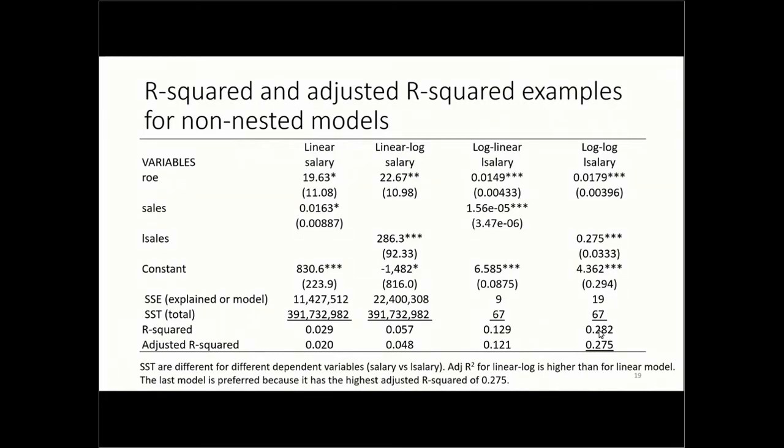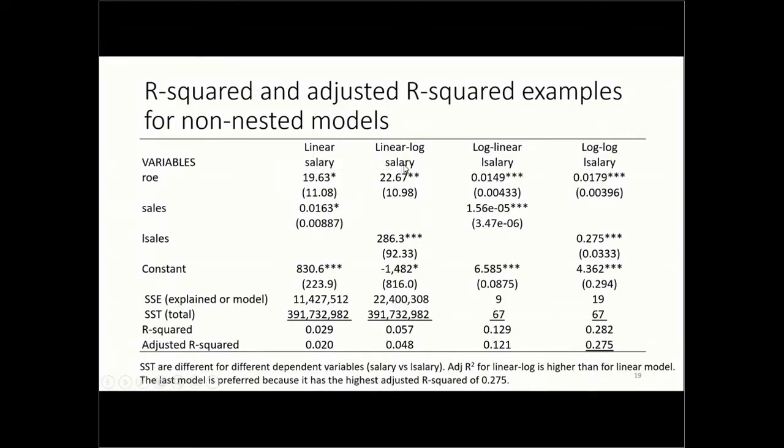So here's how we can use the r squared or adjusted r squared for models that are non-nested. So again, this means that one cannot be directly obtained from the other by just restricting the coefficient to equal 0, like it was in the previous slide, where we had nested models. So here we have the example of salary being the dependent variable.